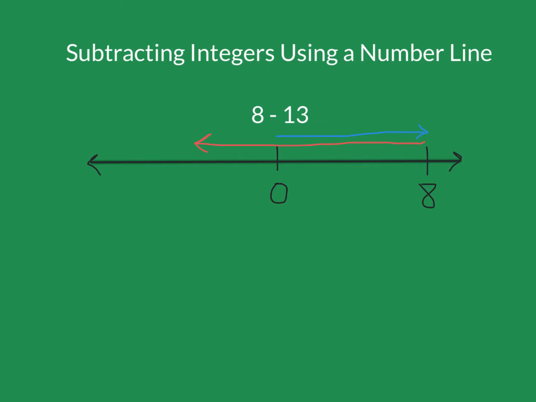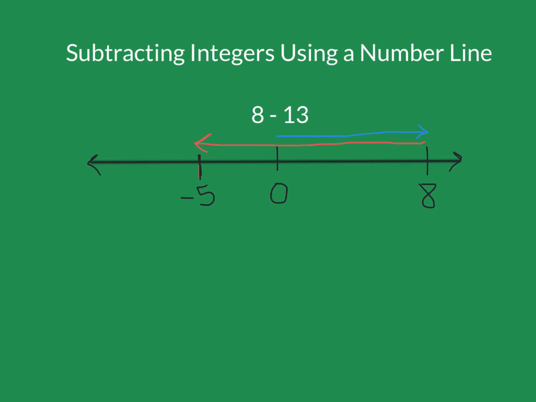Okay, so we went 8 spots to get to 0, and then we had to get to 13, which would be, what, 5 more spots? 8, 9, 10, 11, 12, 13, yeah. So we're going to be at, wrong color, sorry, negative 5.